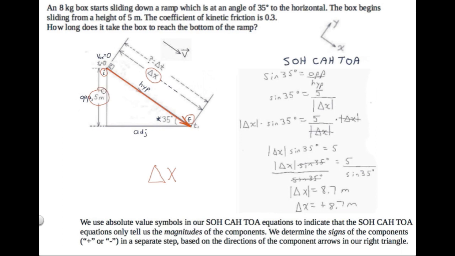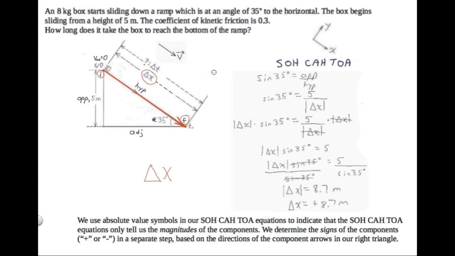But notice that we can now see that that distance of 5 meters does not represent delta x. The 5 meters represents the vertical distance from here to here. But the object is not being displaced vertically, the object is being displaced parallel to the ramp.